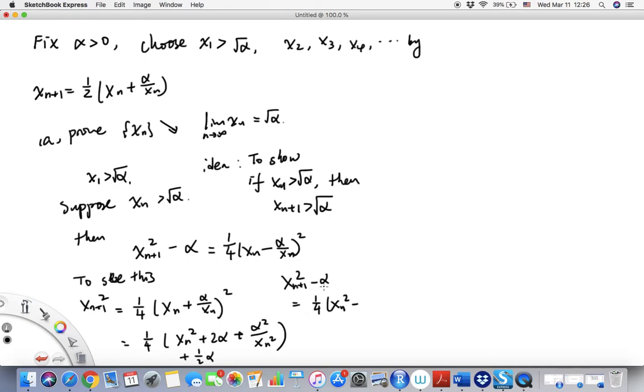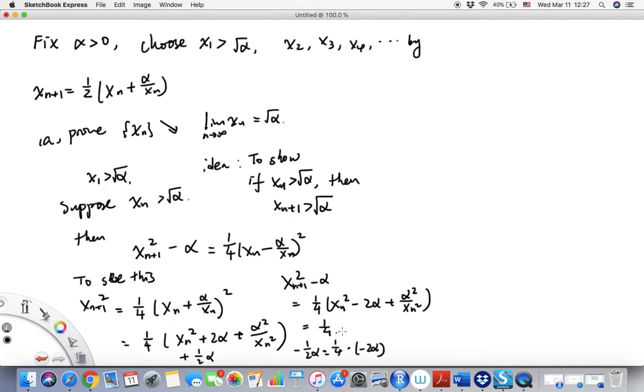So if we subtract an alpha from there, that's minus 1 over 2 alpha. So minus 1 over 2 alpha is equal to 1 over 4 times minus 2 alpha. So here we put minus 2 alpha there, and plus alpha squared over xn squared.